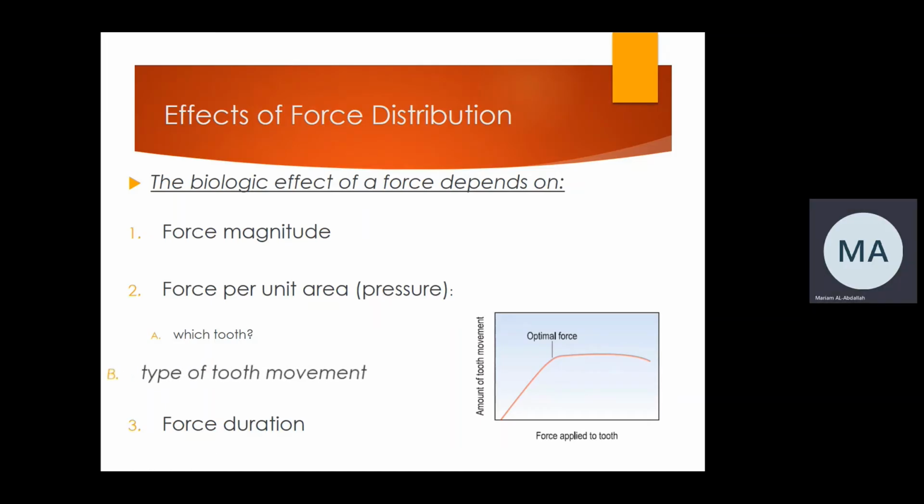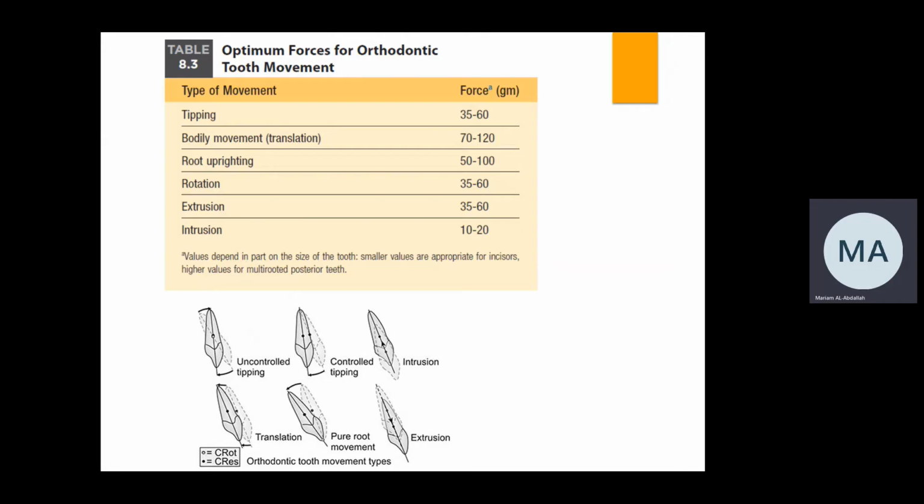And here we're going to talk about the type of tooth movement. So we have 6 different types of tooth movement. These are the terminologies related to orthodontic tooth movement. Okay, so we have tipping, rotation, extrusion. These 3 will have almost the same range of force necessary.